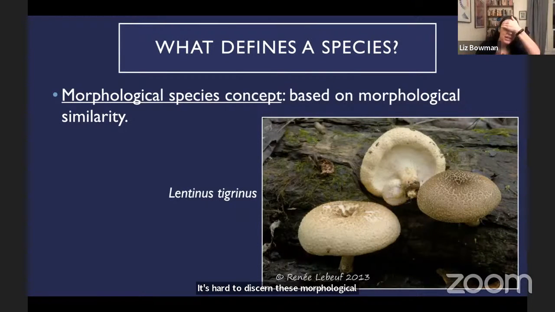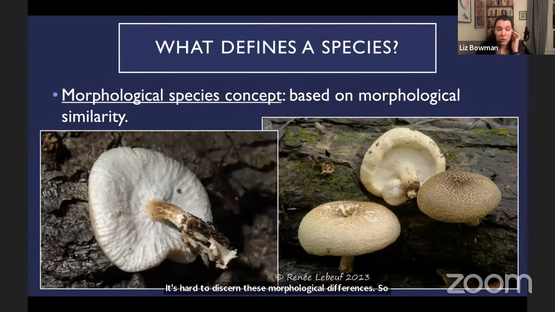Lentinus tigrinus is a good example of this. It produces what I think is called gasteroid morphology, where you have the gills completely enclosed. This doesn't happen all the time. You will have gills that are open and exposed, but sometimes it produces this type that's completely covered, just with a layer of hyphae over it.